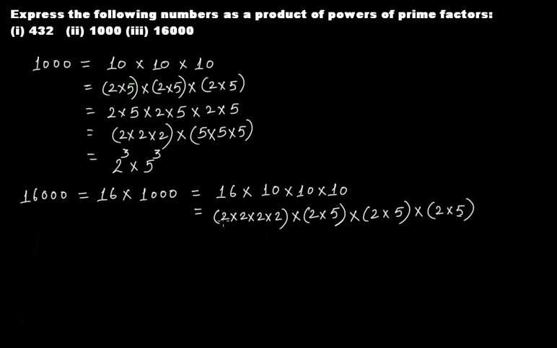Now, here we are multiplying 2 4 times, then 5 times, then 6 times, and 7 times. Group all the 2's together. So multiply 2 7 times. 3, 4, 5, 6, and 7 into how many times we are multiplying 5? We are multiplying 5 3 times.